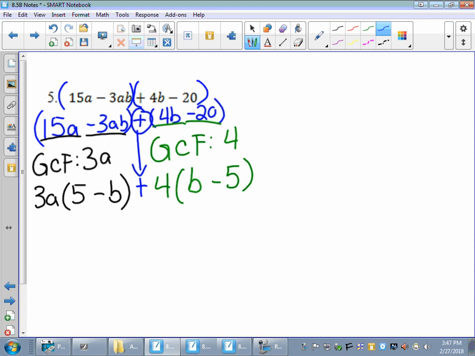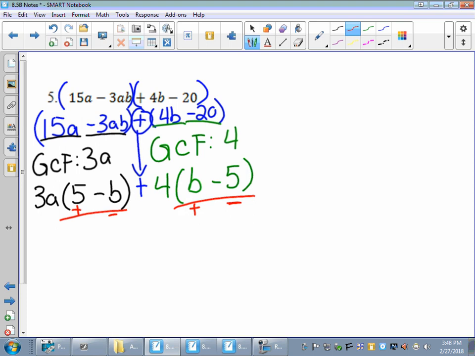Step 3, look at your parentheses. Are they the same? Well, no. One says 5 minus b, the other says b minus 5. Well, I know that my 5 is positive here, and my b is negative here. Here, my b is positive, my 5 is negative.